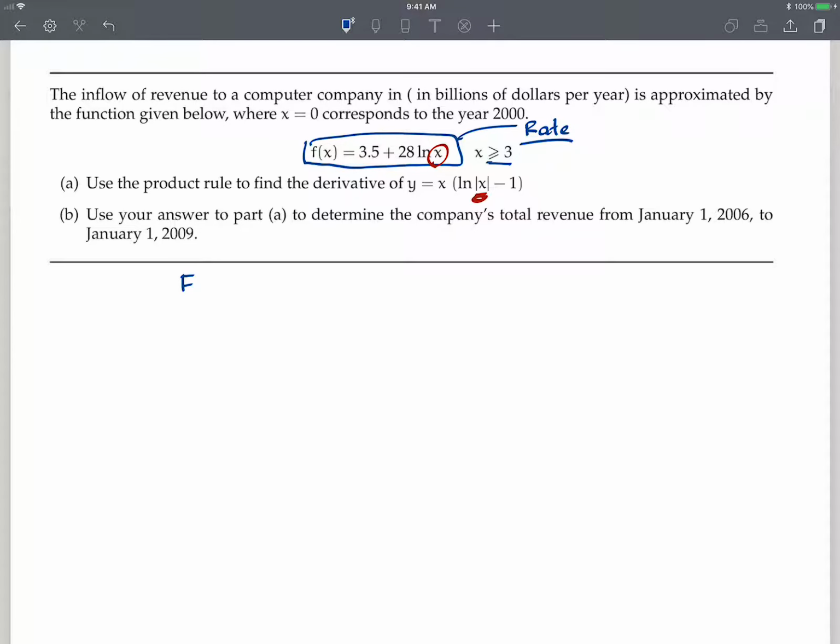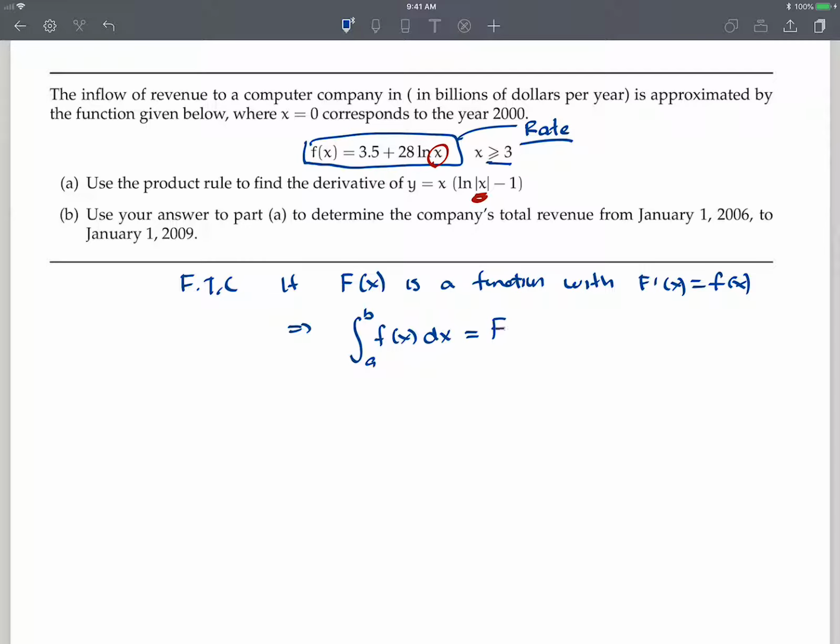So the fundamental theorem of calculus says that if you have a function big F whose derivative equals the little f, then if you want to find the integral of the little f between two values, all I have to do is plug in the big function at b minus the big function at a. Right? That's what the fundamental theorem of calculus says.